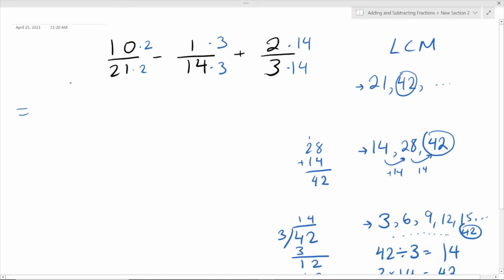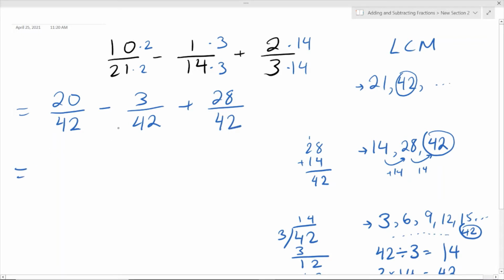Now, 10 times 2 is 20. 21 times 2, as mentioned before, is 42. Minus 1 times 3, that's going to be 3. 14 times 3 is going to be 42. 2 times 14 is going to be 28. 3 times 14 is 42.